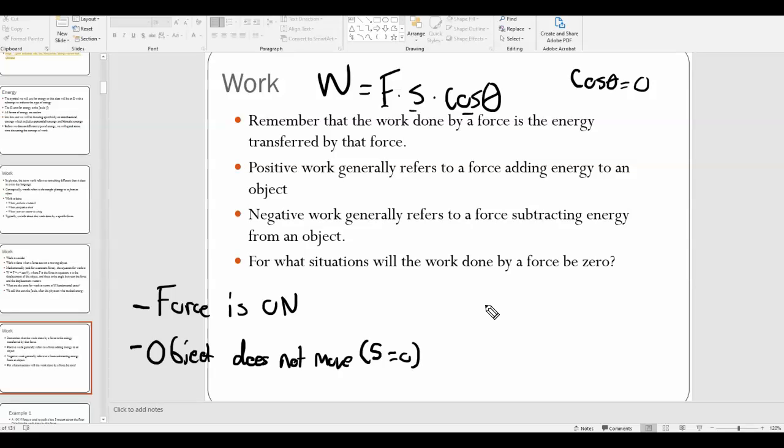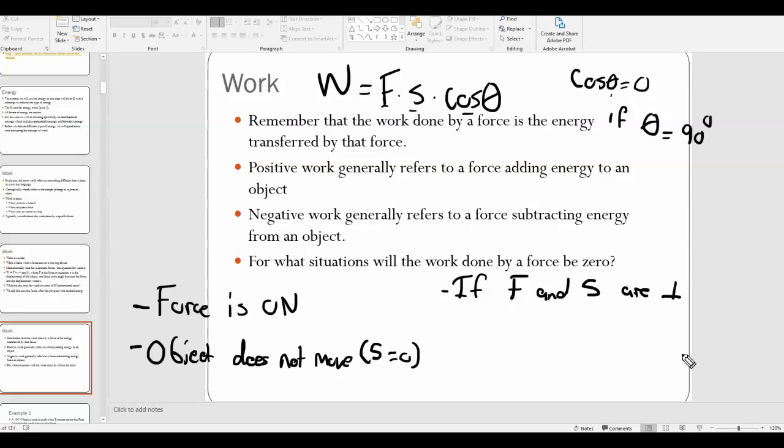Well, it turns out that cosine theta is equal to zero if theta is equal to 90 degrees. In other words, the third situation is if the force and displacement are perpendicular to each other.